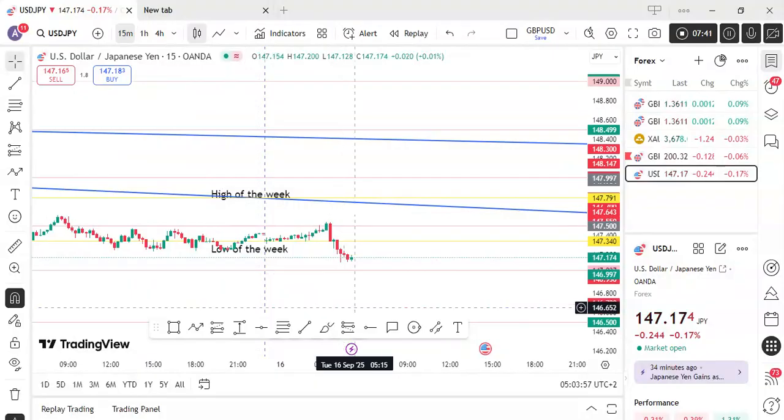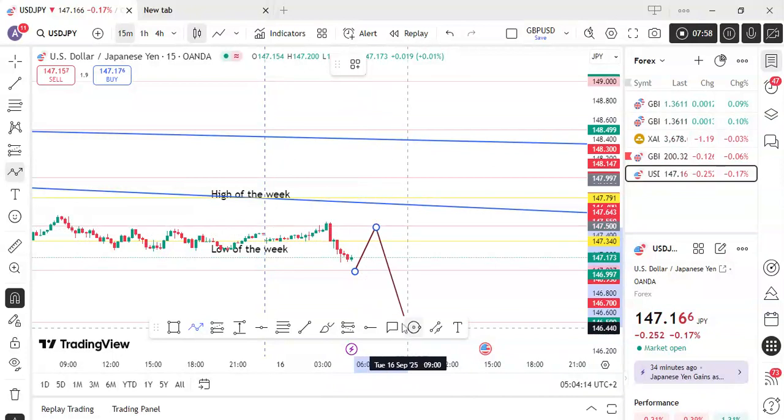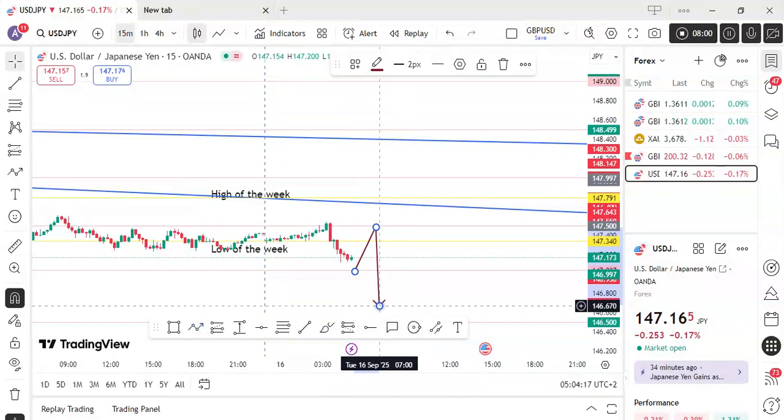So what I'm anticipating is for price to eventually get to this level, and from this level pull back to this low of the week, or test this psychological level that's going to be acting as resistance. Then I'm going to be shorting USDJPY.